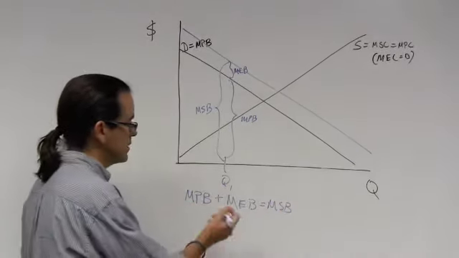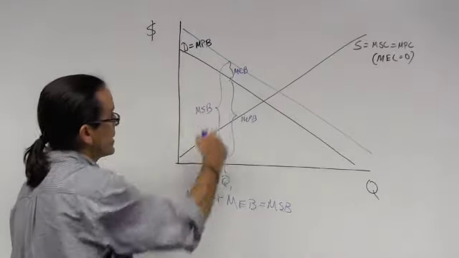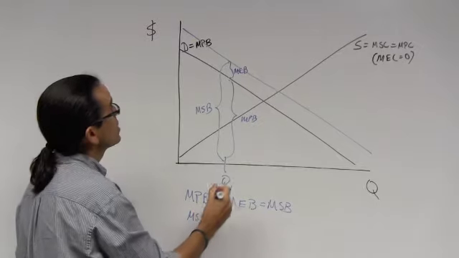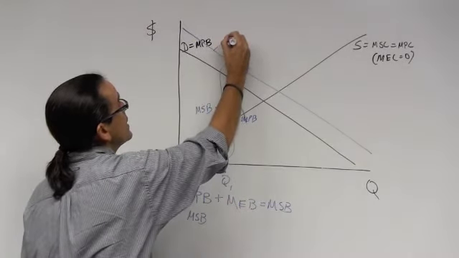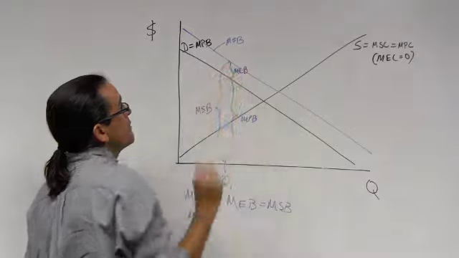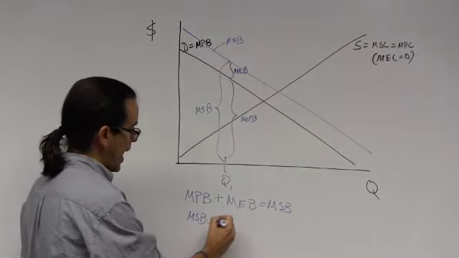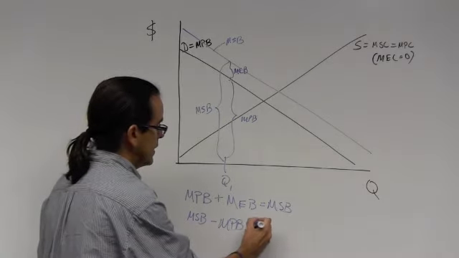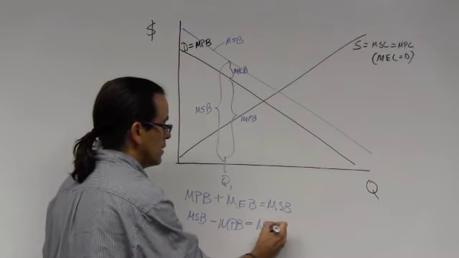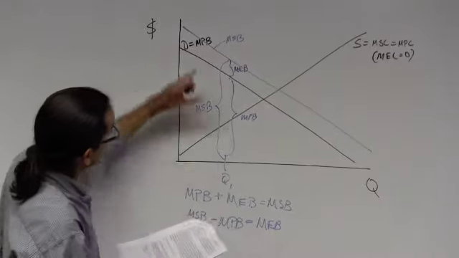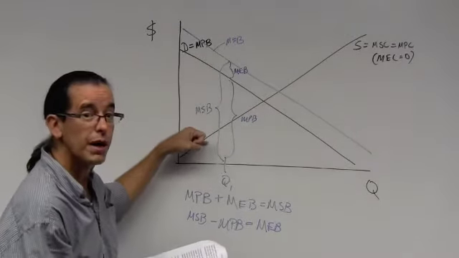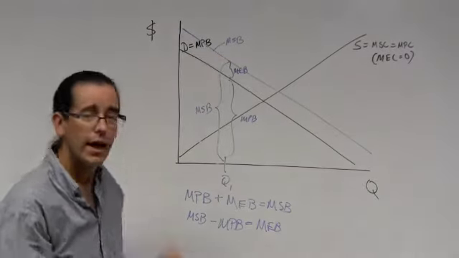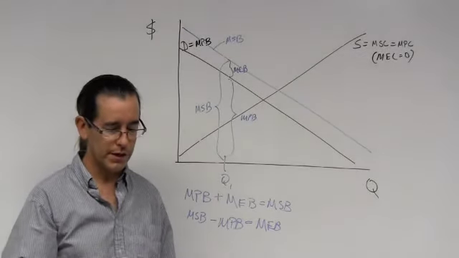And we could do simple algebra: take the marginal social benefit curve, subtract the marginal private benefit, and that gives you the marginal external benefit.